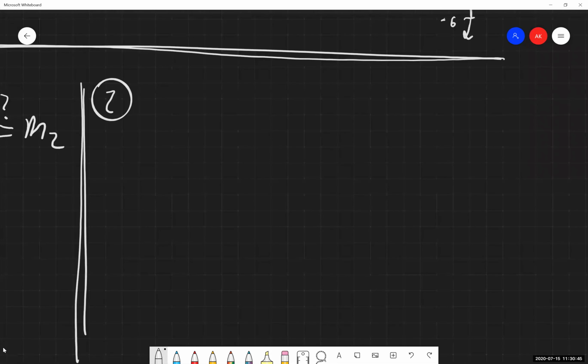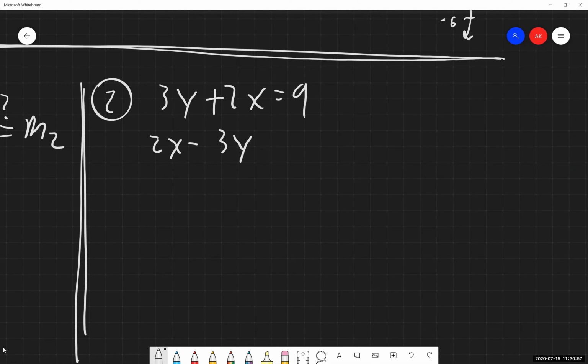So again, I'm going to write each of those down for myself. So we have our two lines. I'm going to shorthand this, but are they perpendicular to one another?